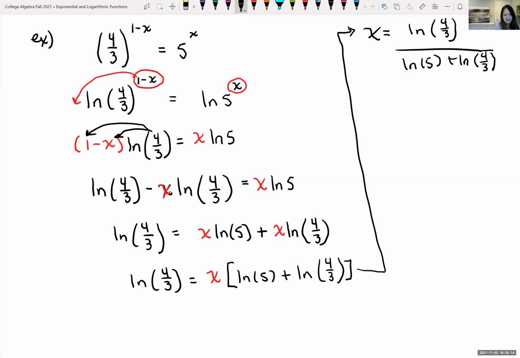And technically, that natural log of 5 plus natural log of 4/3, I can rewrite that as a single log with multiplication if I wanted to. So this could be x is the natural log of 4/3 all over the natural log of, well, 5 times 4/3, this would be 20/3.